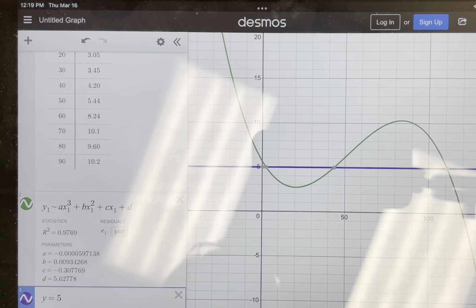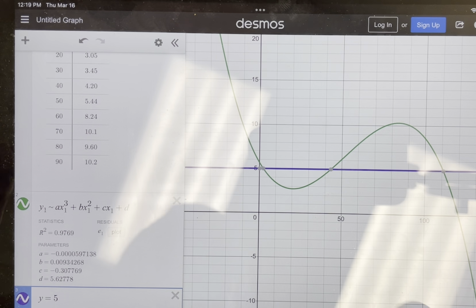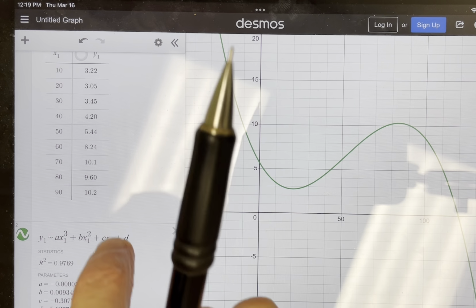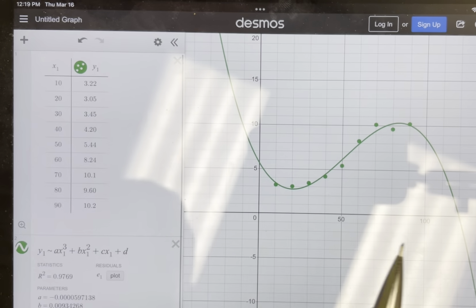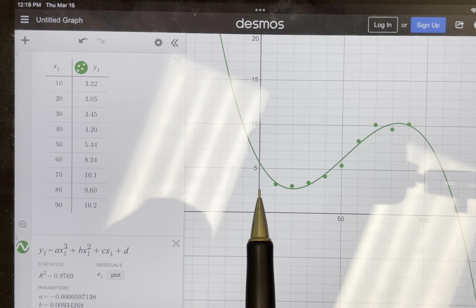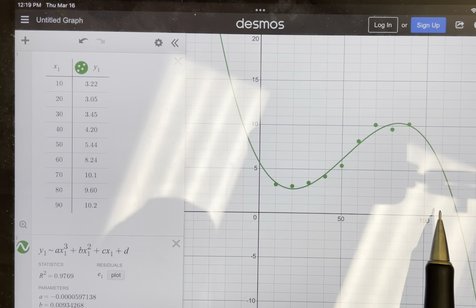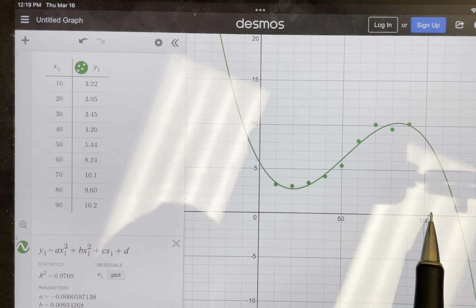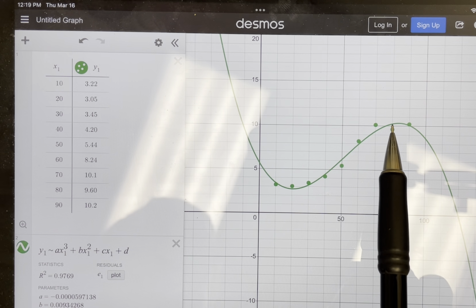Okay, so we're still looking at the model. I'll get rid of this y equals 5 line there. So between here and here, let's look at our data. This would be between 1960 and here is our time frame. And we have a maximum right there.